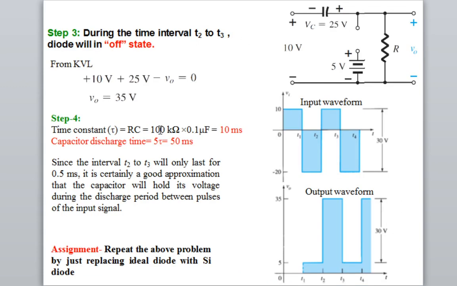If you calculate, this will give 10 millisecond. And the capacitor discharge time is 5 multiplied by the time constant, that is 50 millisecond.